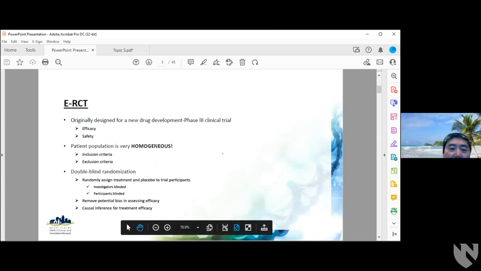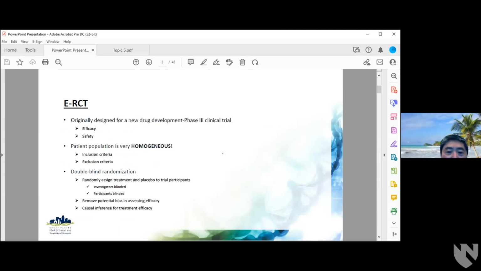What is ERCT? Randomized clinical trial was originally focused on drug development or investigative research. Generally, when we talk about the randomized clinical trial, it's meant for the phase 3 clinical trial.